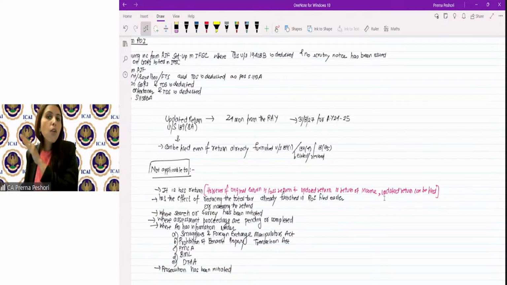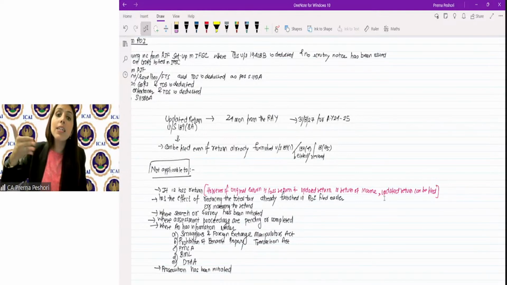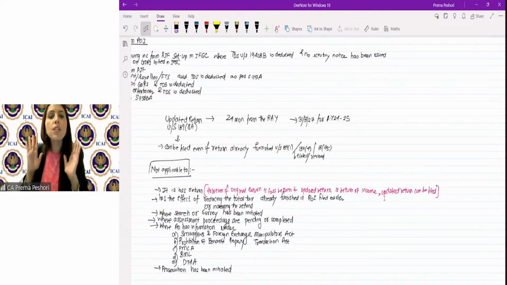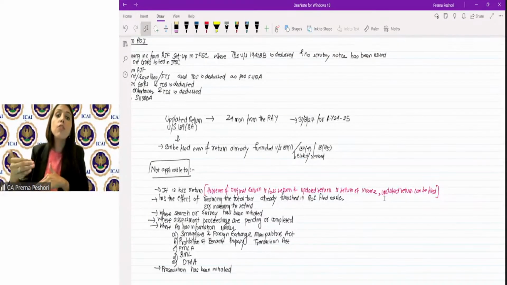which has been claimed in the earlier return, or where search or survey operations are conducted, where any assessment or reassessment proceedings have been initiated or are pending or are completed as well. So even if the reassessment or assessment proceedings for that year are completed, still you cannot file the updated return.